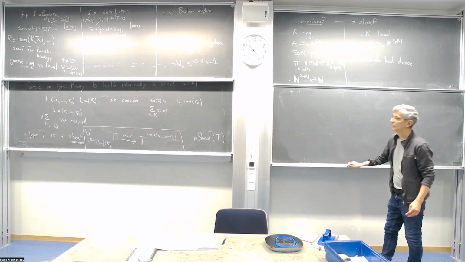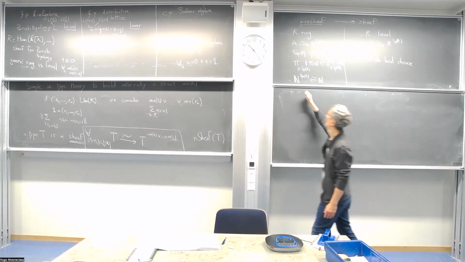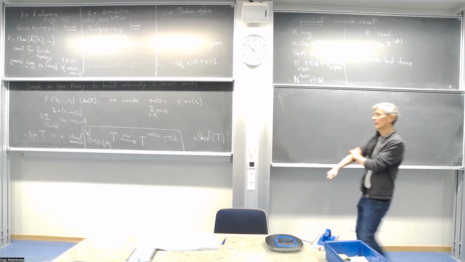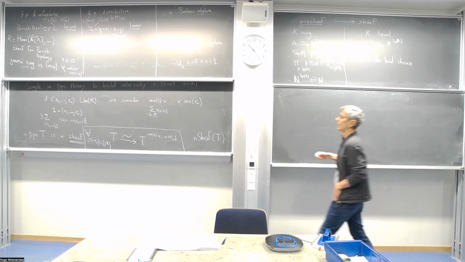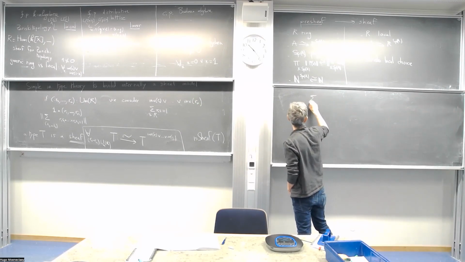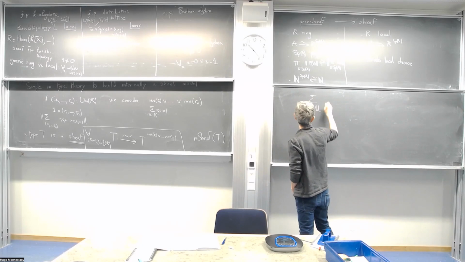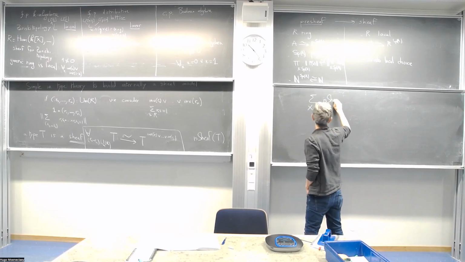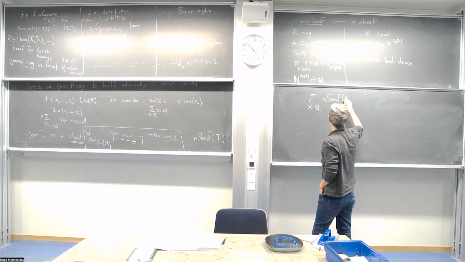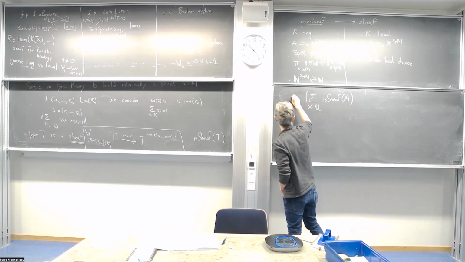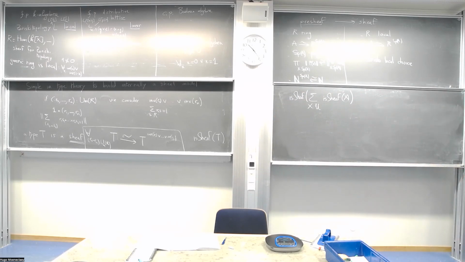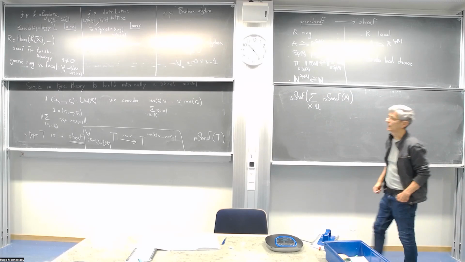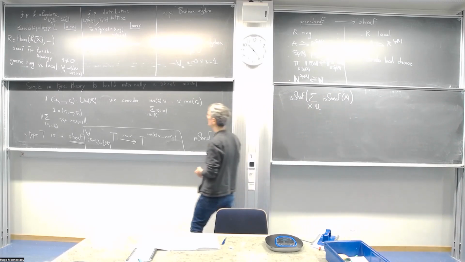And the remarkable thing is that the proof is very short. Using univalence, you have that the collection of all sheaves is itself a sheaf. And this is actually a purely internal statement.